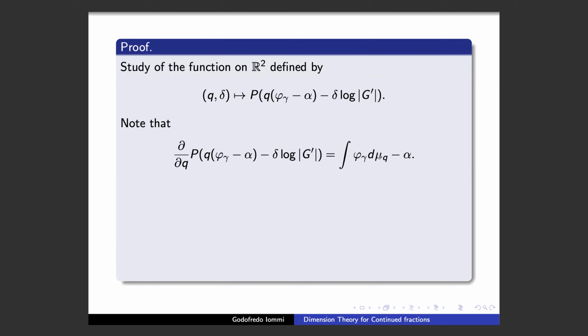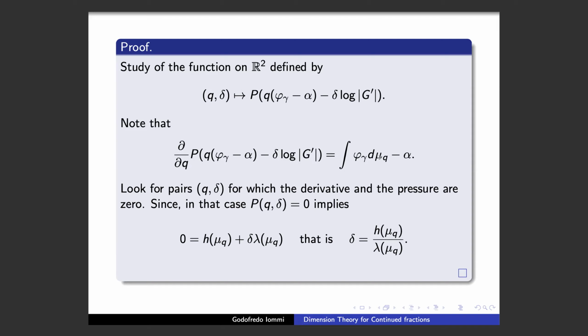So if you want to find measures that are supported on the level sets, what you have to do is find parameters for which the derivative at q is equal to 0, because in that case, the integral of phi gamma will be equal to alpha.